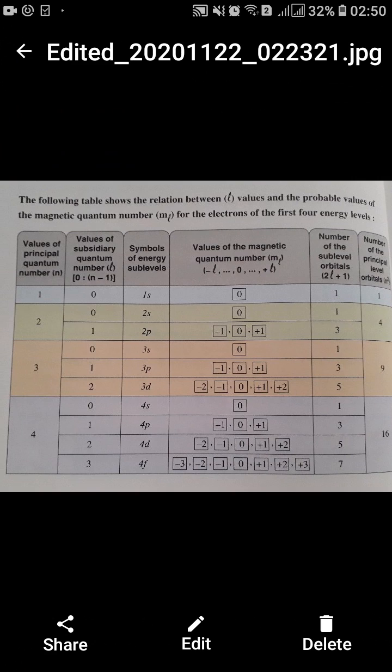P, 3 orbitals with 6 electrons. D, 5 orbitals with 10 electrons. And F, 7 orbitals with 14 electrons. And here, in this shape, we have sub-energy levels, their orbitals, and their value of ml.